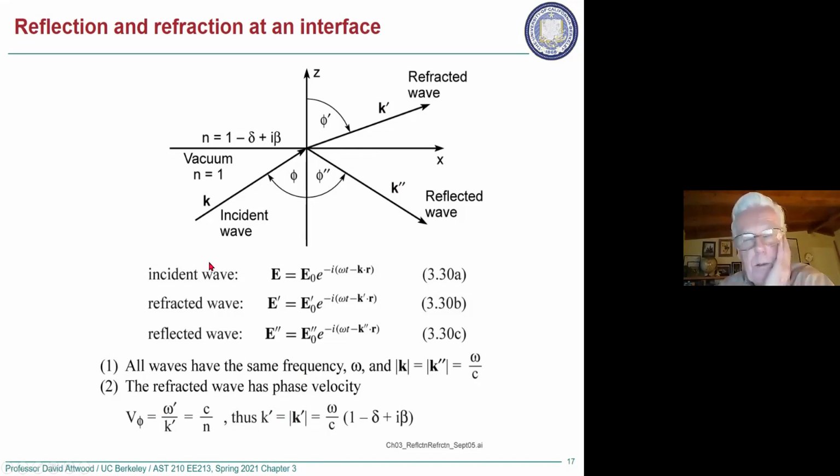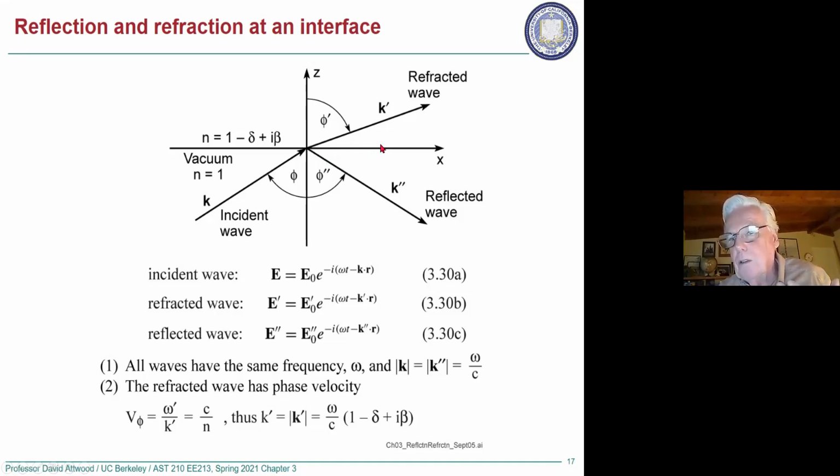And one of the things that we'll find is to calculate the amplitude of the waves on the inside. What are the electric fields and the magnetic fields and everything else? But some of the things that we'll find are quite simple. If your wave comes in and matches the boundary conditions here, the electric fields are continuous, etc., and they're all at the same frequency, then it has to meet the same boundary condition.